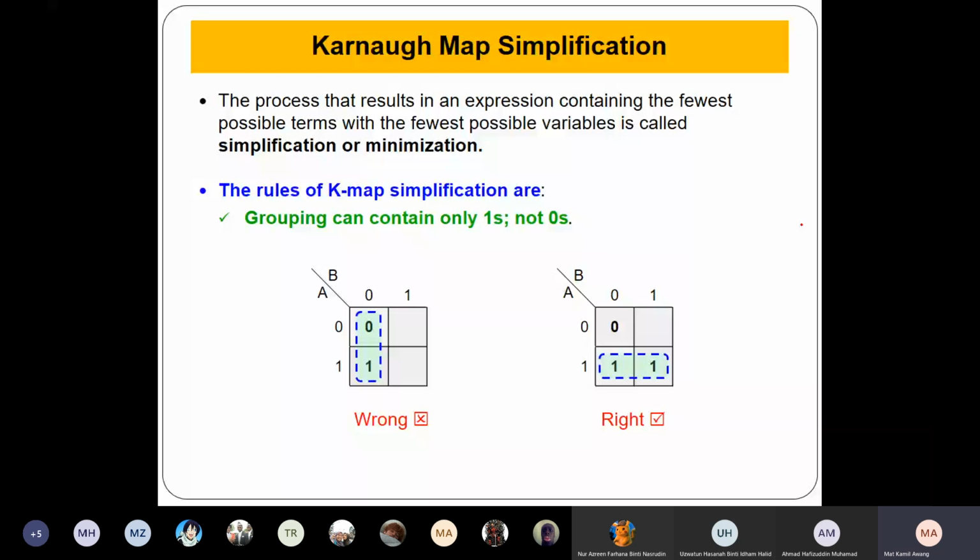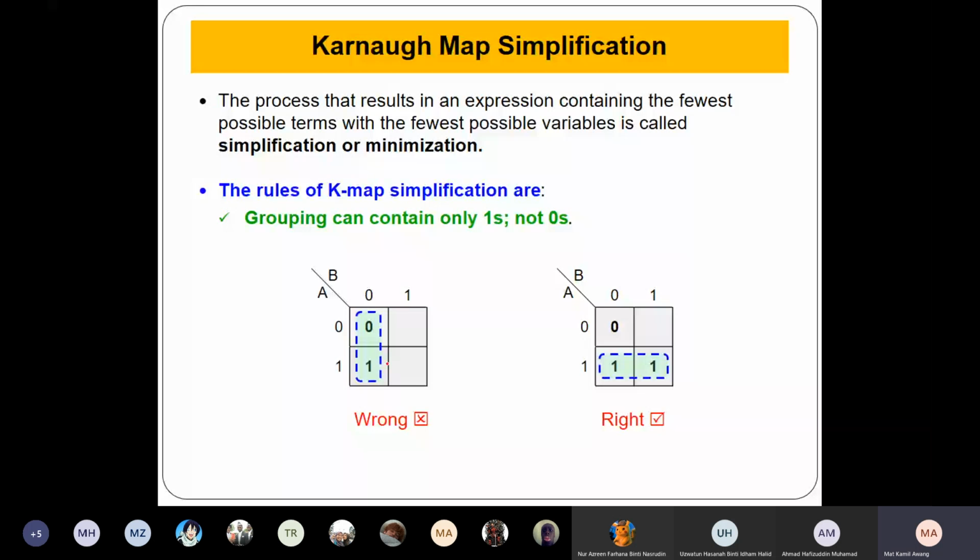The process that results in an expression containing the fewest possible terms with the fewest possible variables is called simplification or minimization. So the rules that you need to follow are as follows. The grouping can contain only ones and not 0. So you cannot group 0 with a 1.